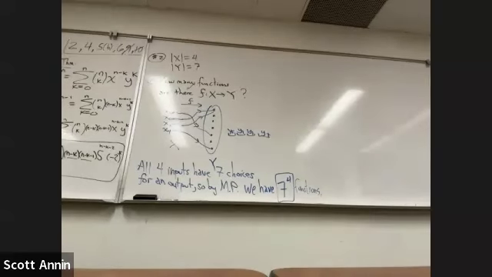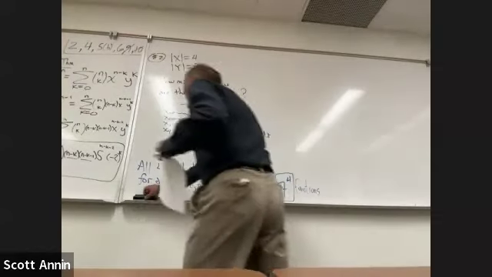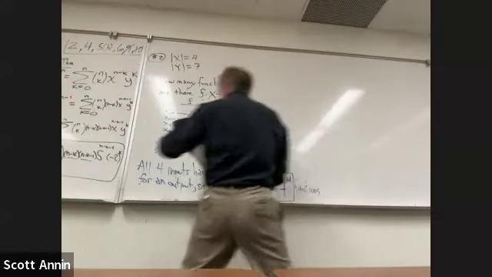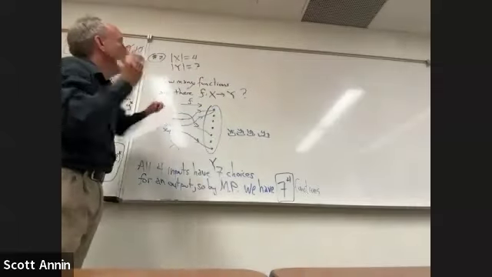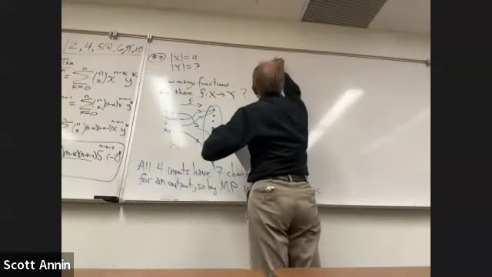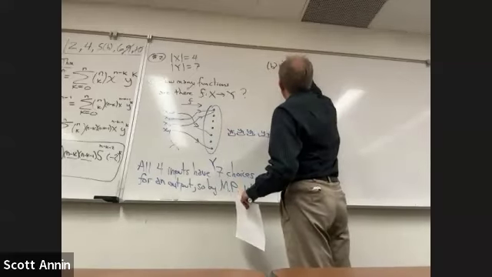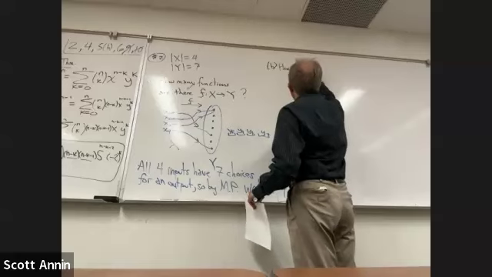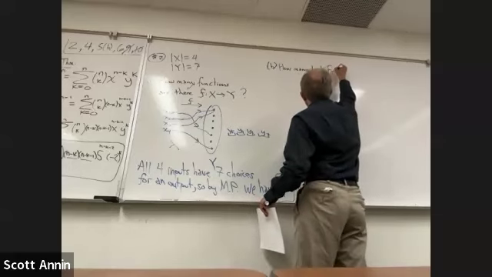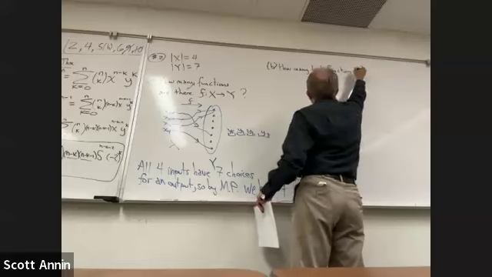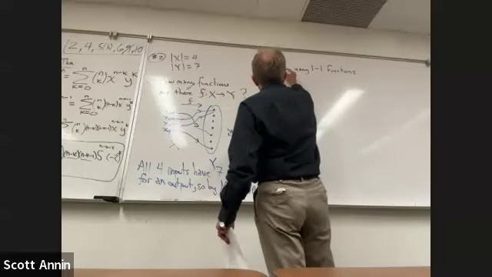Okay, let's do part B, if everybody's all right with that, which is actually now going to get to the question about one-to-one, which was asked a moment ago. How many one-to-one functions are there?